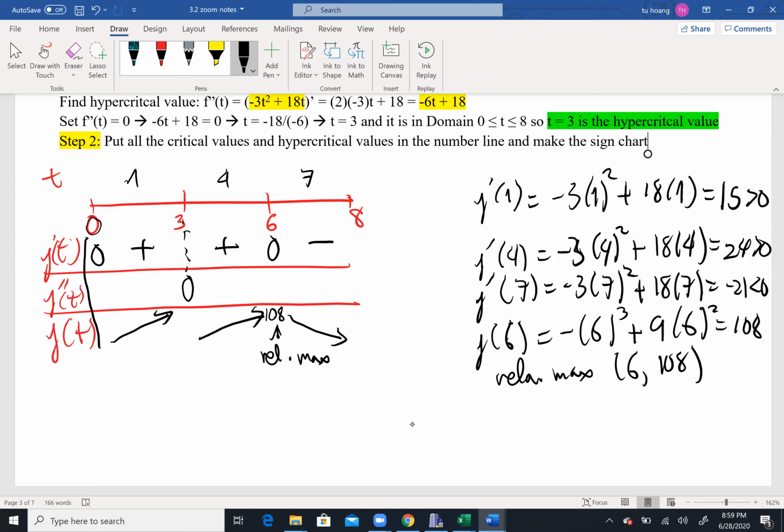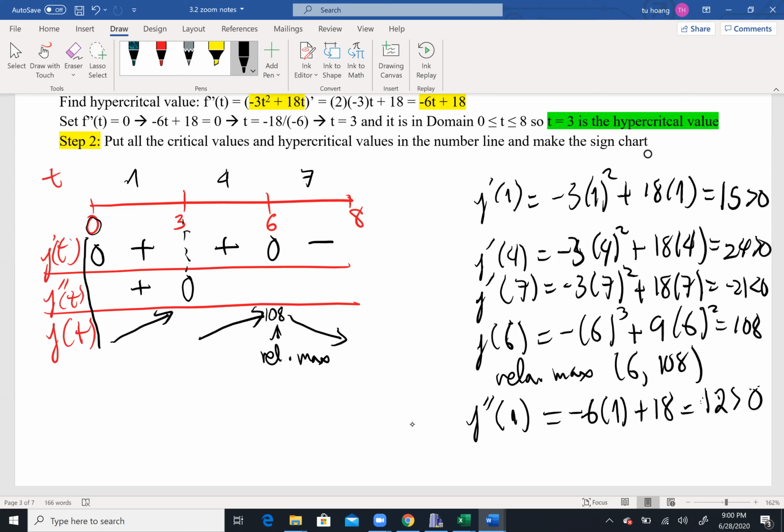For the first interval I have 1 there, so the second derivative of 1 gives me -6 times 1 plus 18, which equals negative 6 plus 18. That's going to be positive 12. So 12 is greater than 0.